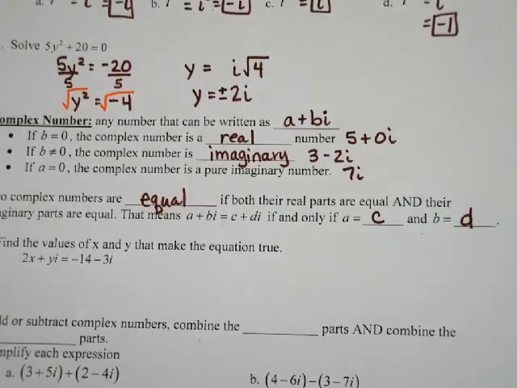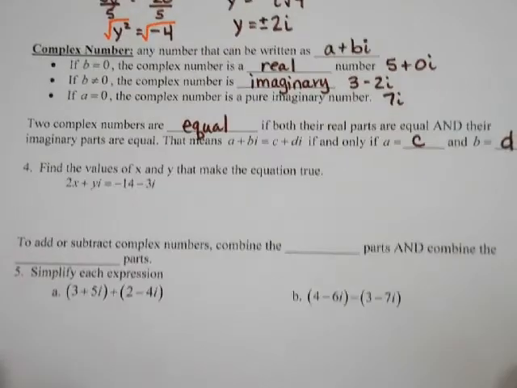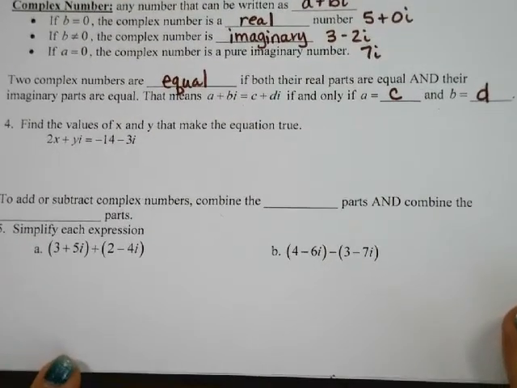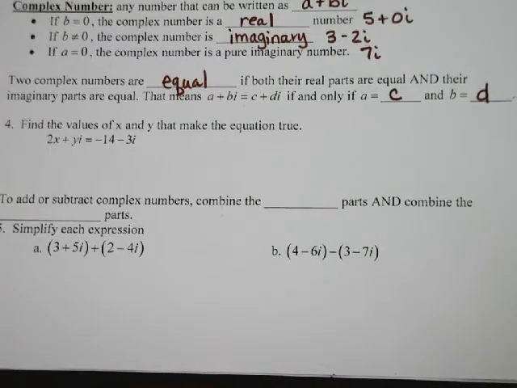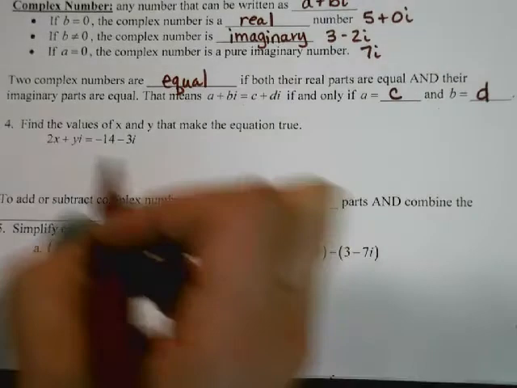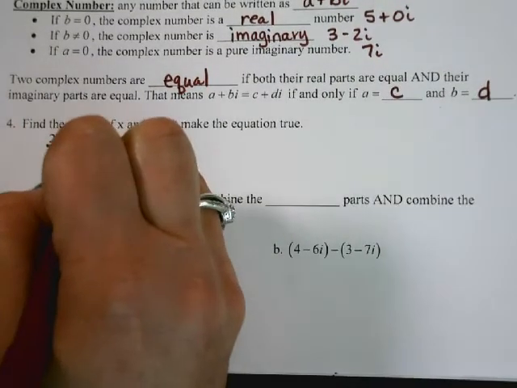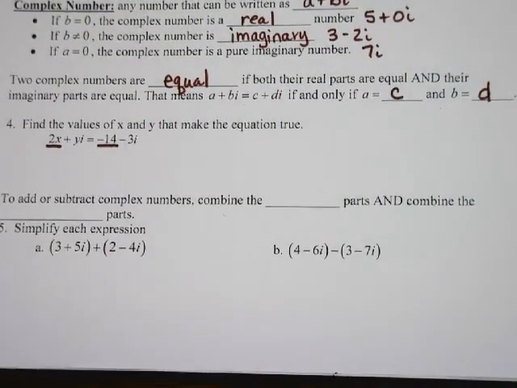Okay, so look at number 4. Number 4 says find the values of x and y that make the equation true. Every complex number has a real part and an imaginary part. The nice thing is it tells us which ones are the imaginary parts, because the imaginary parts always have an i with them. The real parts don't. So, 2x and negative 14 are the real parts.